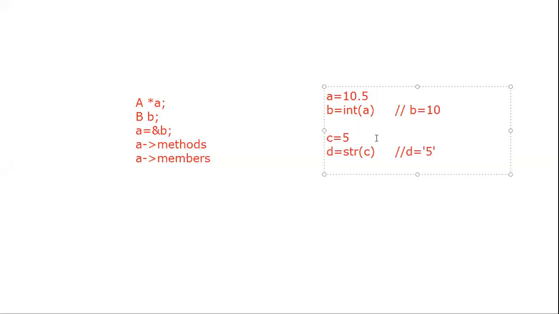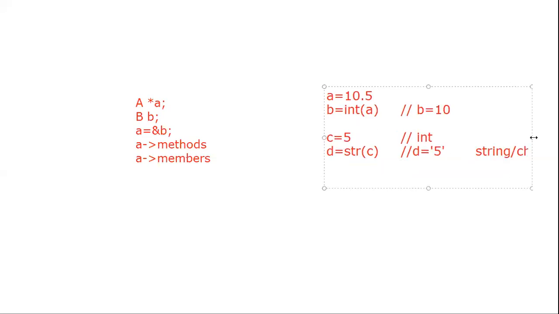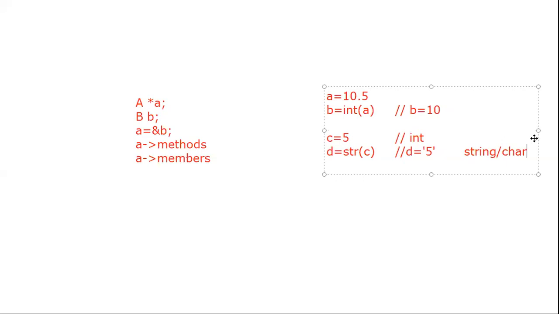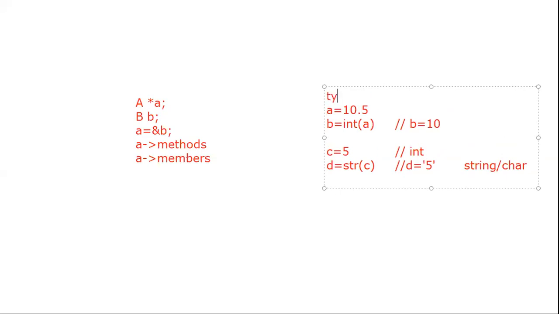For this line the data type for c is integer, and for this line the data type is character or string, as per our choice. So this is nothing but typecasting. Yes, guys, clear? This is how typecasting works.